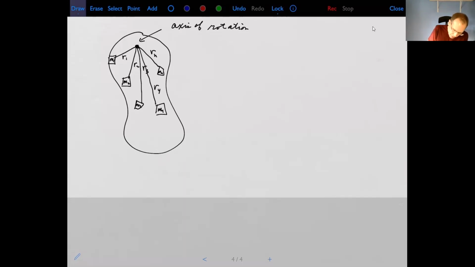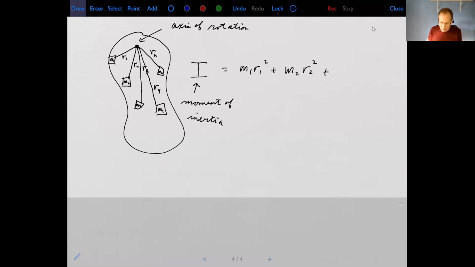And then if I want to compute the moment of inertia, which we call I, then this is simply going to be equal to M1 times R1 squared plus M2 times R2 squared, plus M3 times R3 squared plus dot, dot, dot.